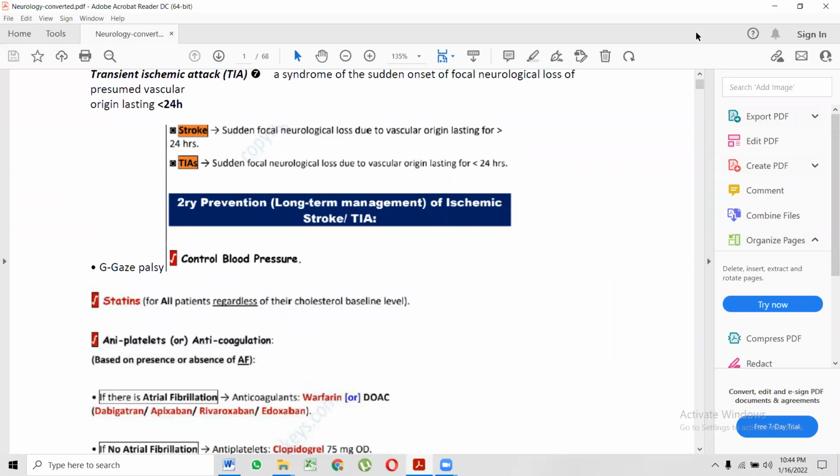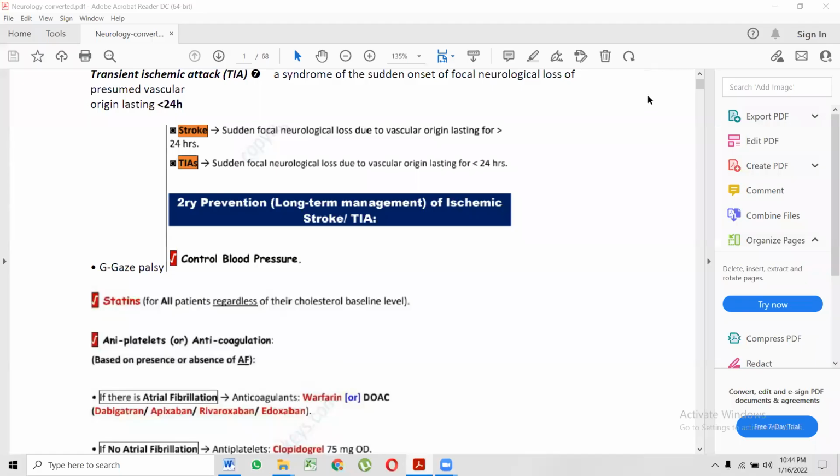After that, you need to give... So if the patient presents to you within 4.5 hours, then alteplase, and if the patient presents to you after 4.5 hours, what are you going to do?